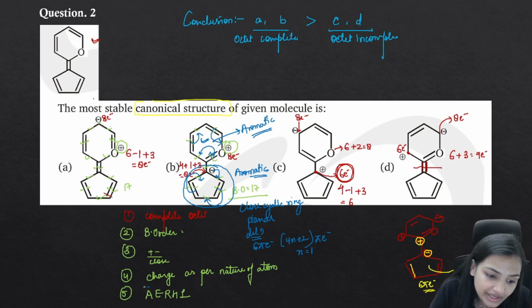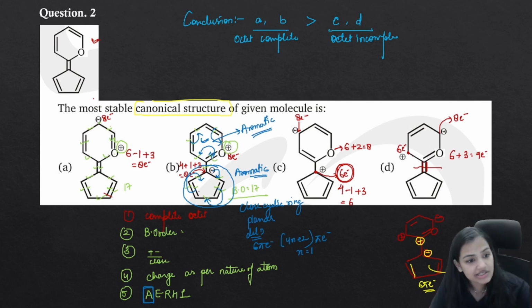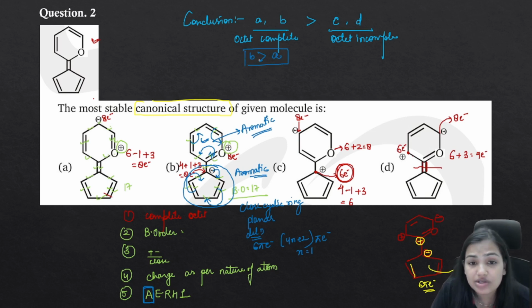So as per AEHRI, the structure B is more stable than the structure A. Why? Because B is an aromatic ring. So my order will be: because of the aromaticity, B is more stable, then comes A.